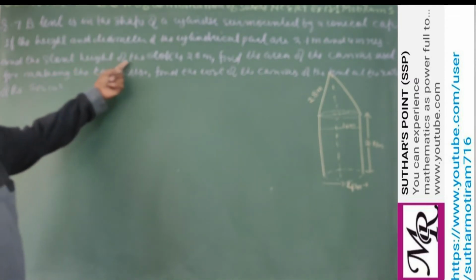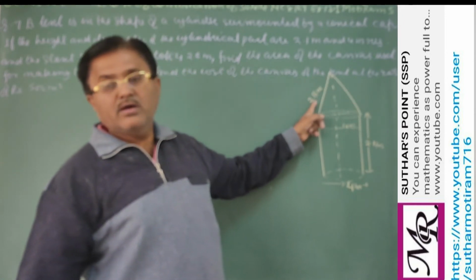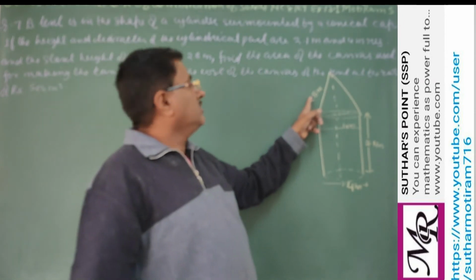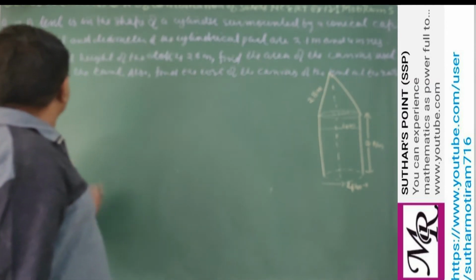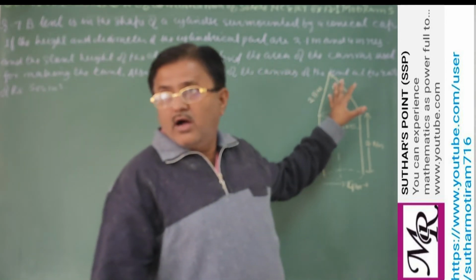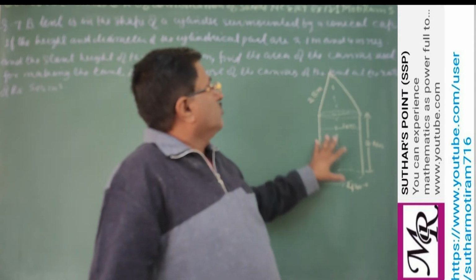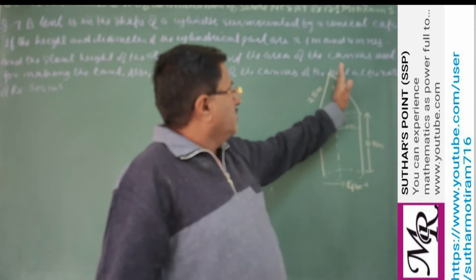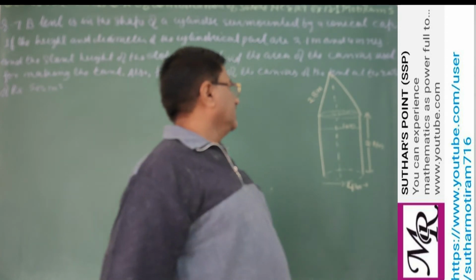And the slant height of the top, which means the slant height of the cone, is 2.8 meter. Find the area of the canvas used for making the tent. You have to find how much area or how much canvas is required to make this. So that we have to see. So it is also related to the surface area.